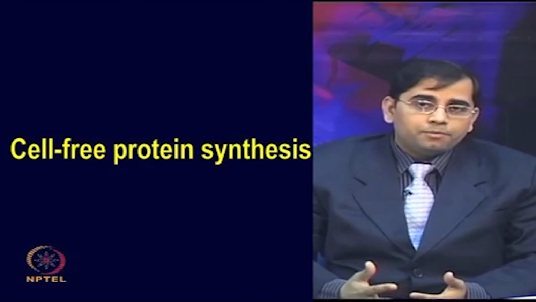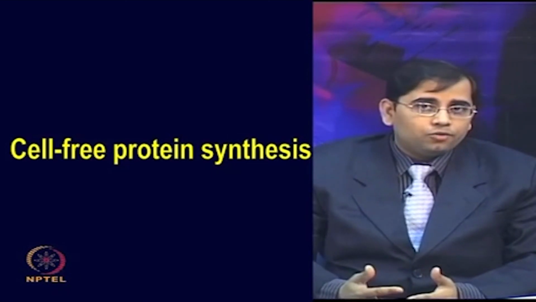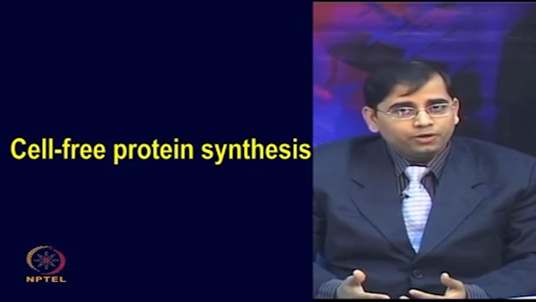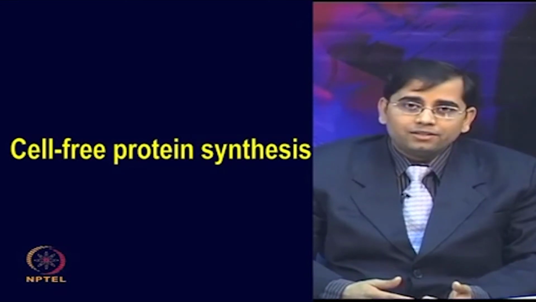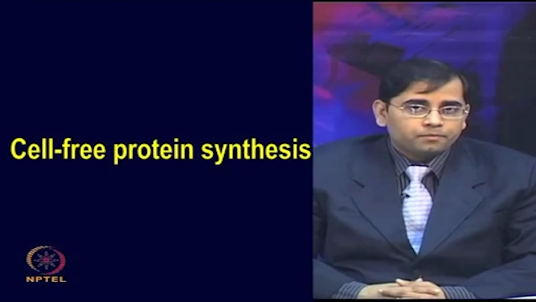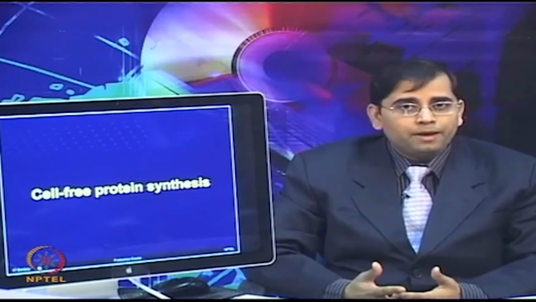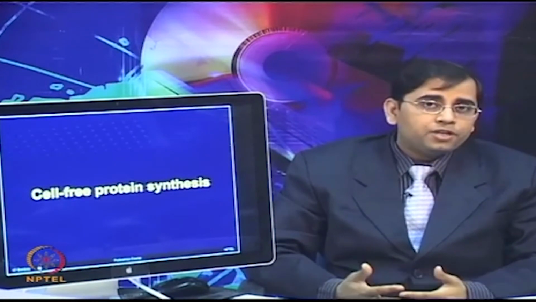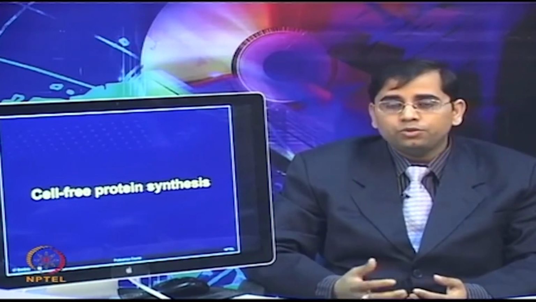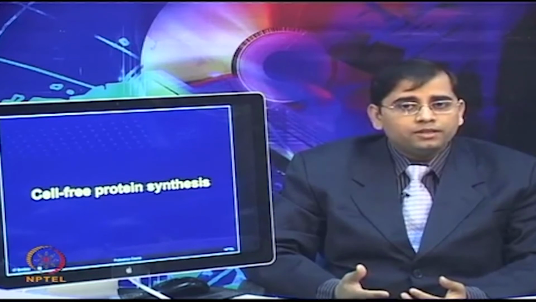So, these clones are important and required regardless of whichever way you want to make the protein, cell based or cell free. But since the requirement for microarrays is high throughput, it is very difficult if you have to purify thousands and thousands of proteins, especially when you want to preserve their activity and do functional assays, functional activity testing. So, to eliminate all those problems, people have started using the cell-free protein synthesis method.